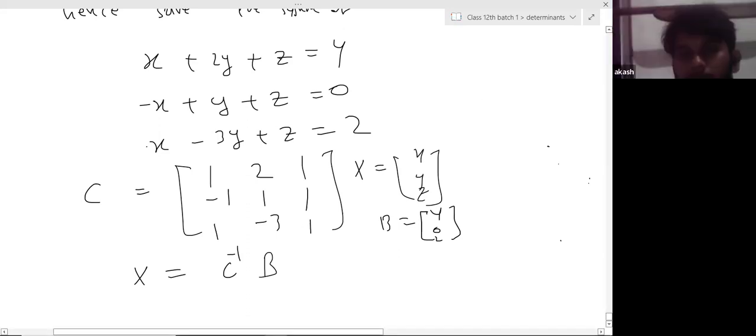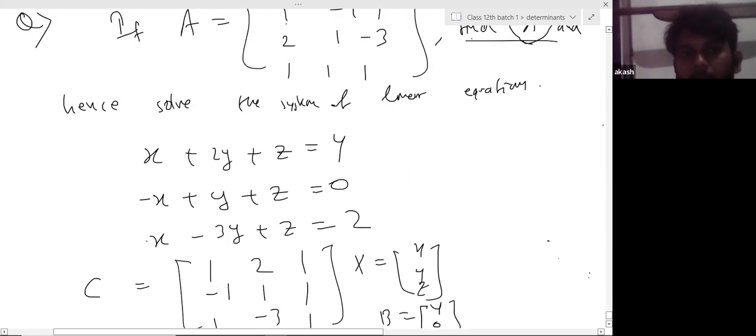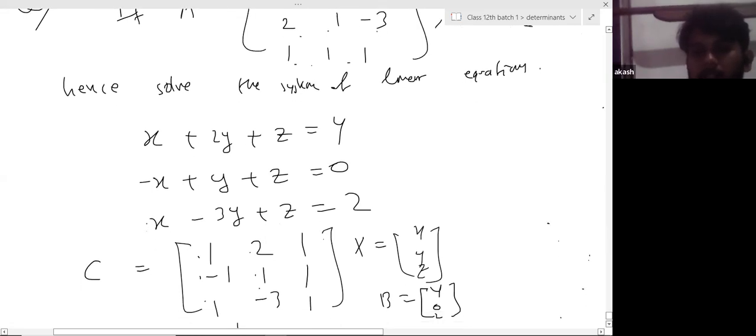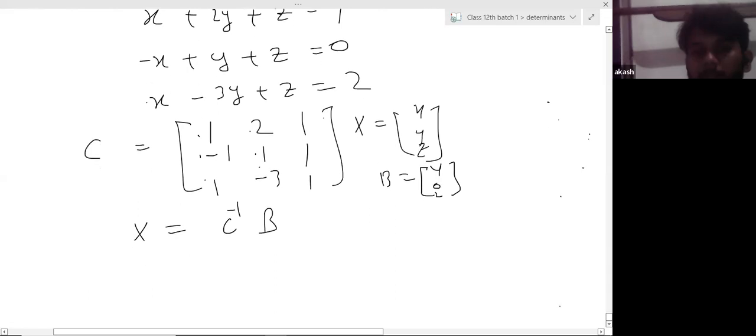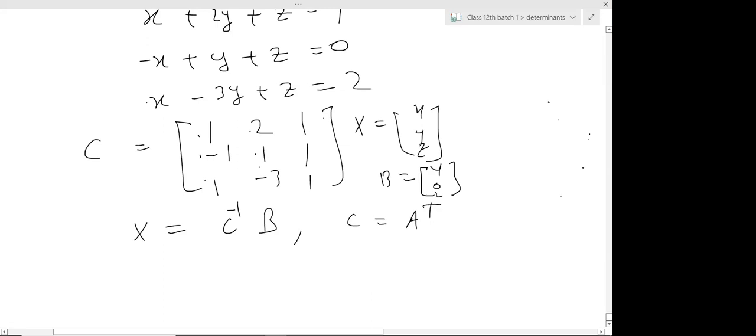Now what we can see, look at C and look at A. 1 minus 1 1, 2 1 minus 3, 1 1 1. So we can say C is A transpose. Any doubts? C equals A transpose. Can I write? Yes, sir. Right.